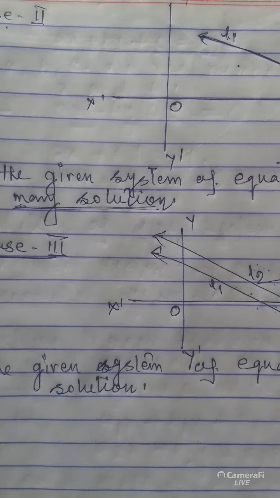So a system of two linear equations in x and y.